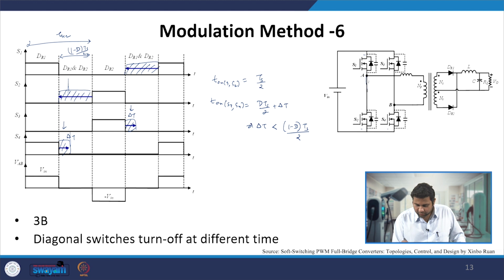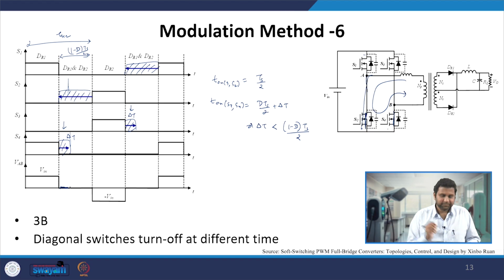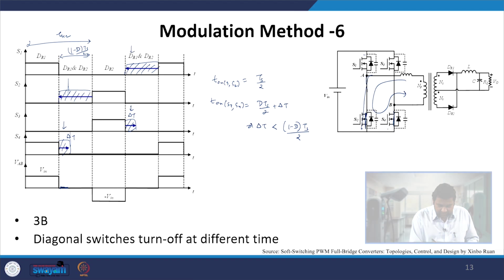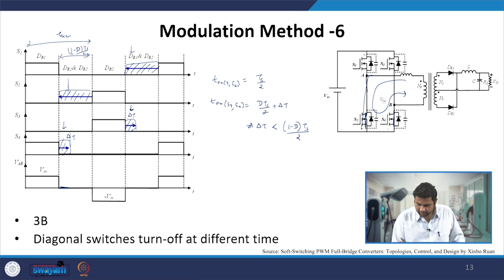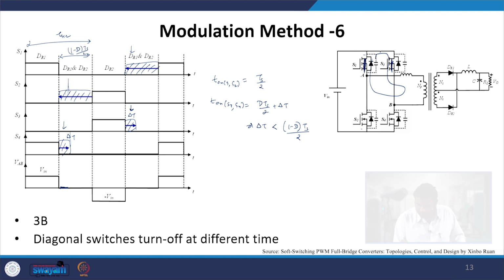Since both are on, in this circuit the VAB voltage is still 0, so we are not changing VAB. Similarly, during this instance the S1 is on, and at this point my S3 is on. So during this time again, in the entire circuit, the VAB voltage is still 0.